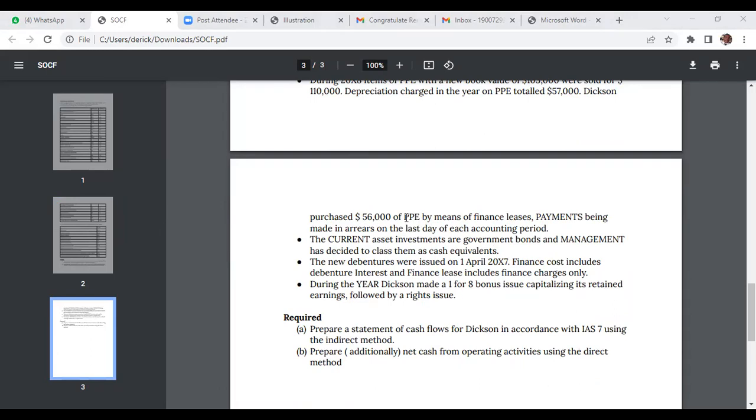So we come to our PPE and show that we acquired it by finance lease, acquisition.